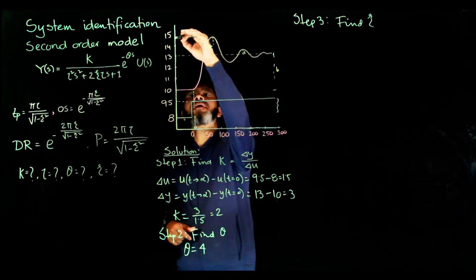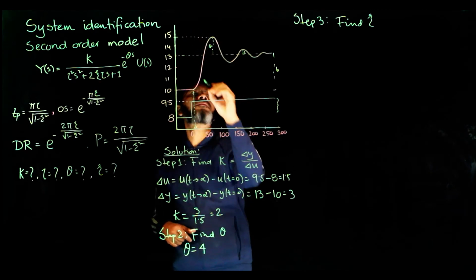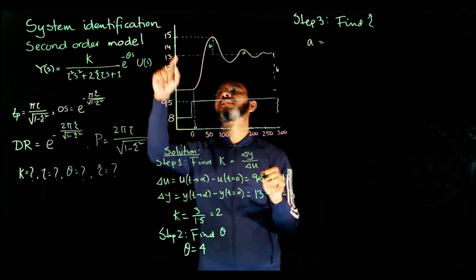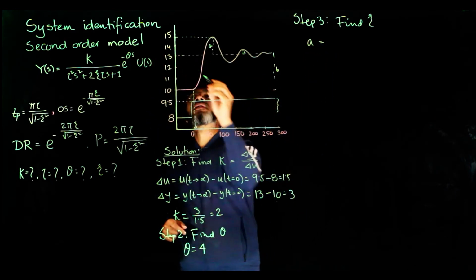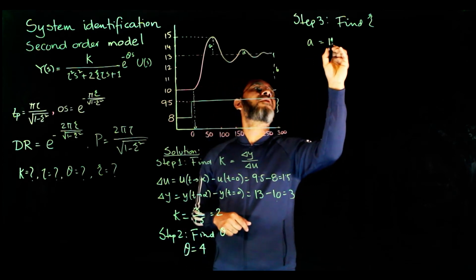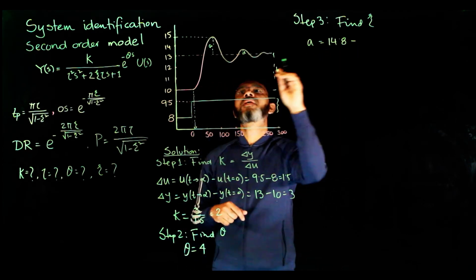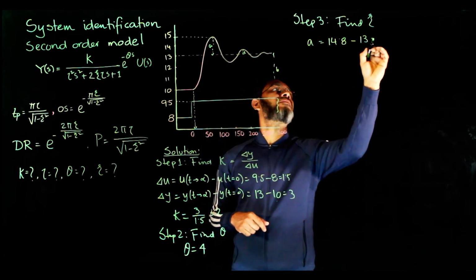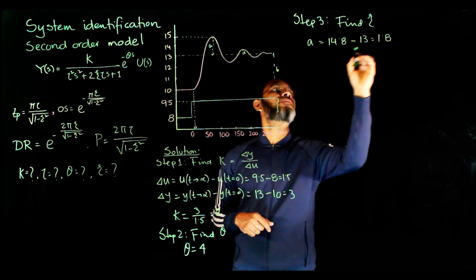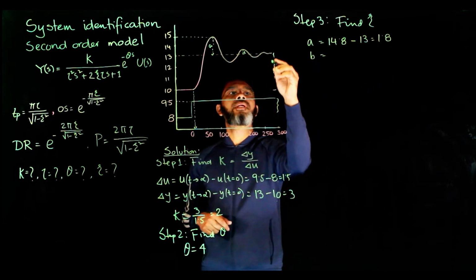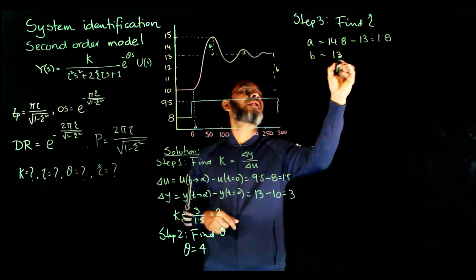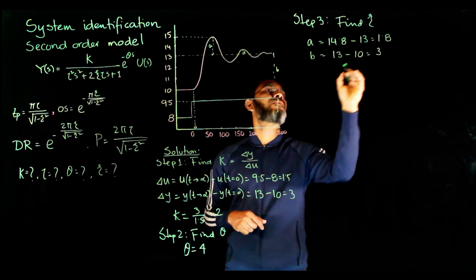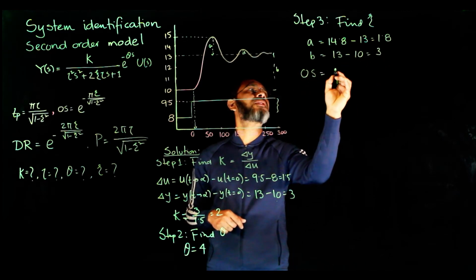So a is nothing but this. To find a, a equals, say here it's 14.8 around, minus this final steady value, which is 13, it's 1.8. So b equals, you know that b equals 13 minus 10, 3.